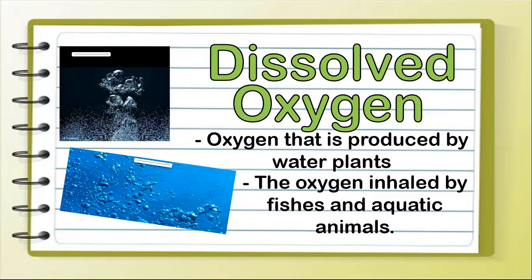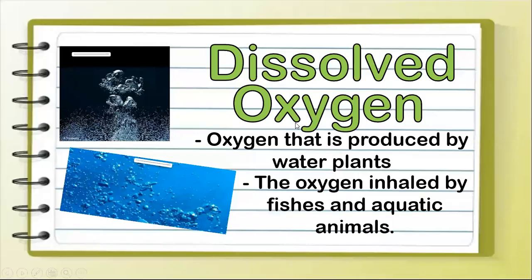The bubbles that can be observed right there is an example of dissolved oxygen. If you can see bubbles right there, the bubbles contain dissolved oxygen, oxygen that is dissolved in water. That is the oxygen inhaled by fishes and other aquatic animals.